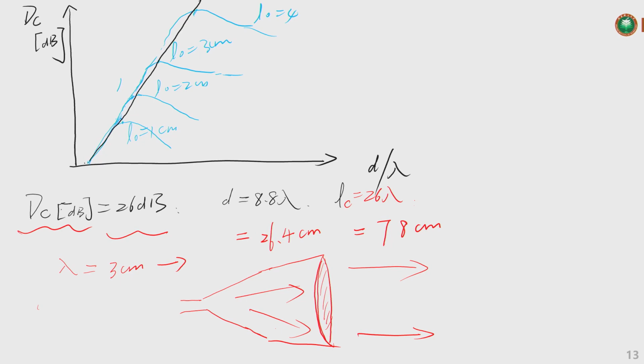Okay, so this is the demonstration for the horn antennas, and especially the canonical antennas. And later, I think we're going to introduce the slot antenna.